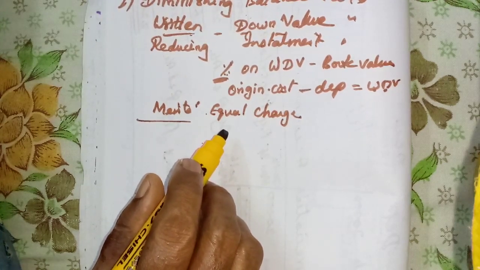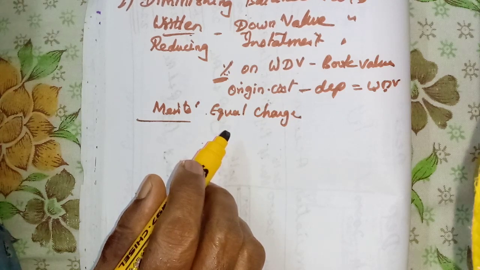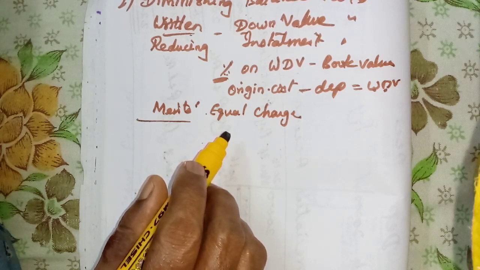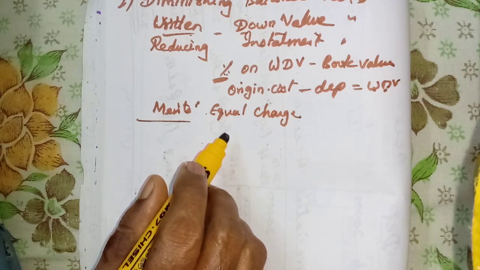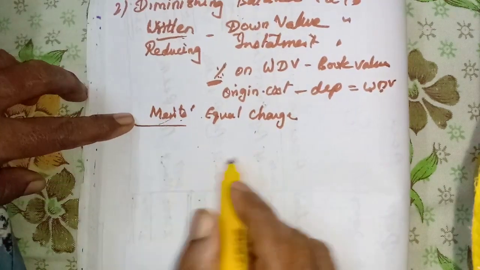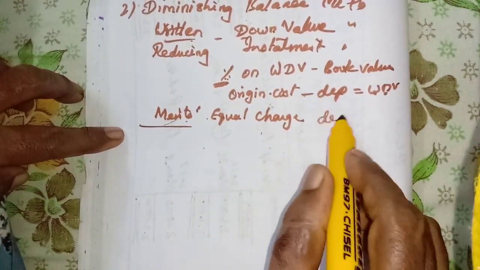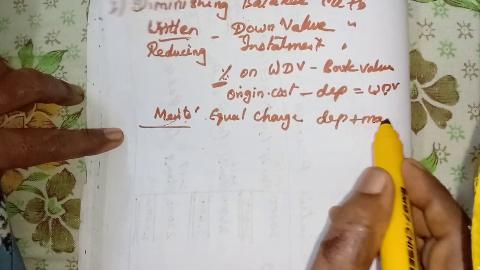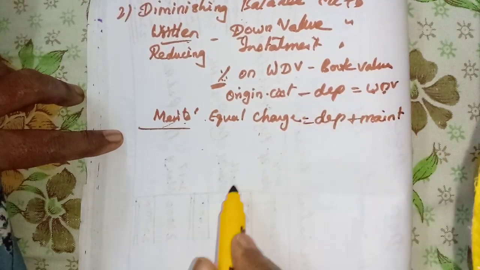Okay, but in the beginning of the years, the depreciation amount will be more. But in the forthcoming years, around the end of the life of the asset, the depreciation will get reduced. Okay, so when they add the depreciation and maintenance cost, it will be same.